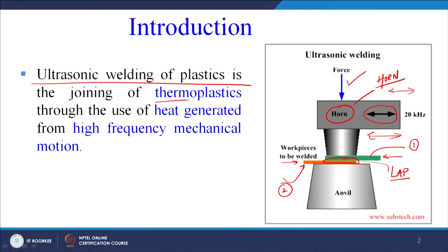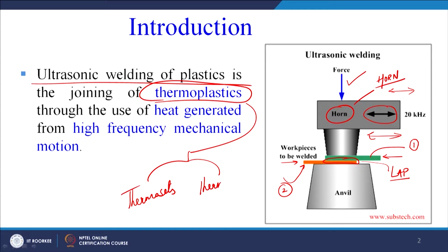So ultrasonic welding of plastics is the joining of thermoplastics. It is written clearly, thermoplastics. All of you know that polymers can broadly be classified into two categories. One is the thermosets and the other category is the thermoplastics. So this is well known to all the learners.